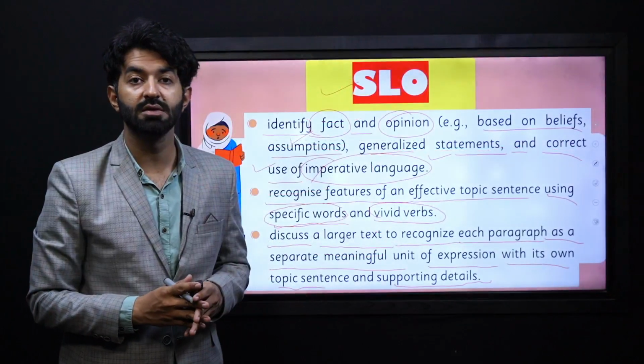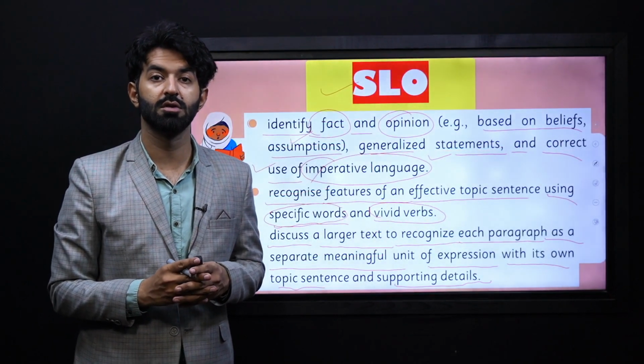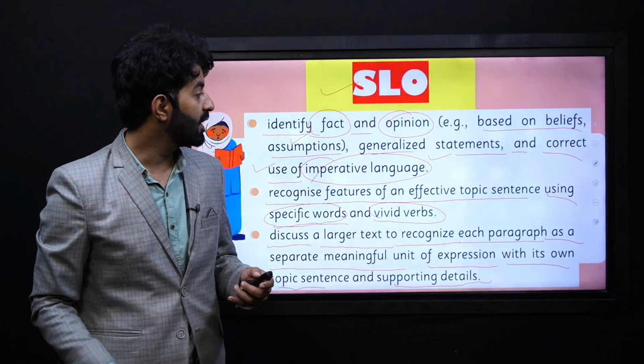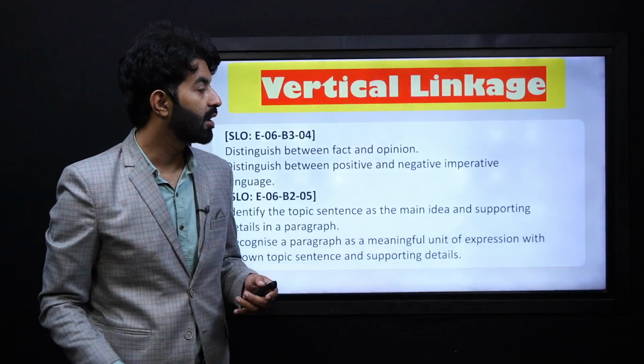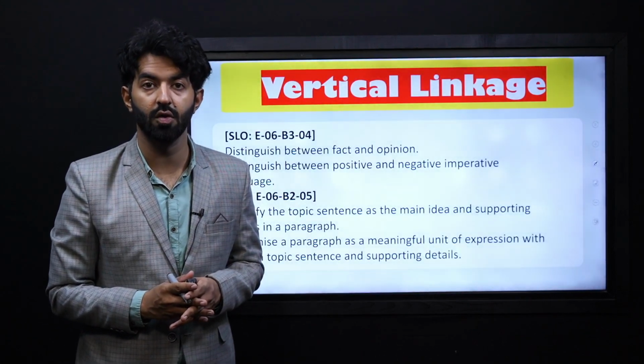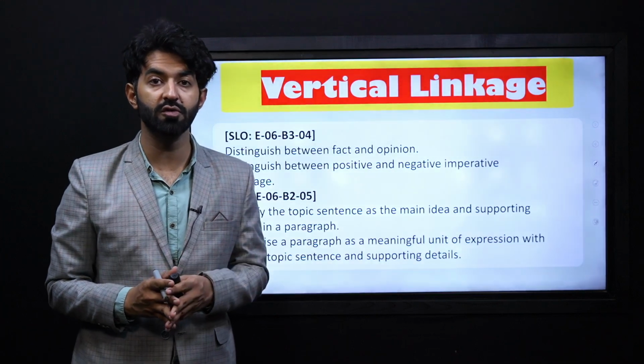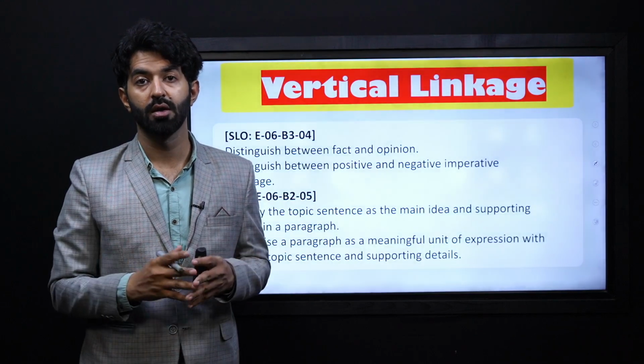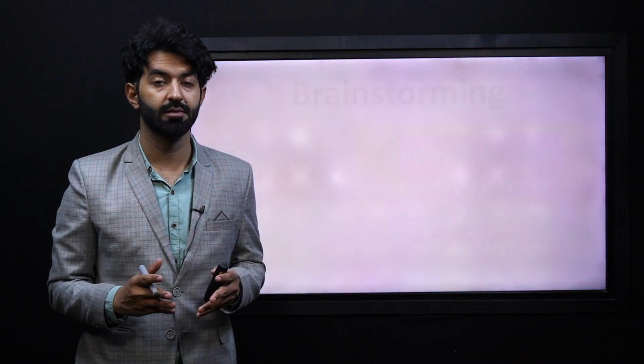Now, my dear learners, these are the things that we will cover in our students' learning outcome and in this video lesson. Now, let's take a look at our vertical linkage of these SLOs with the previous grade that you have already studied, and I hope that you recall what we studied in the previous grade.